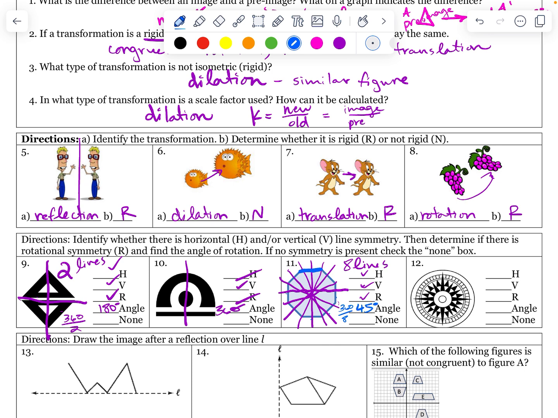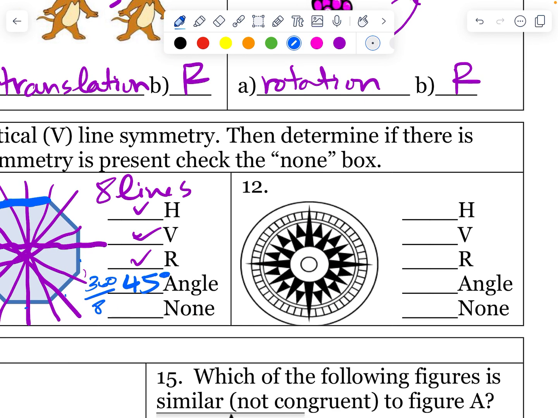Okay. And then this one definitely is vertical and horizontal. So that's at least 2 lines. I need to kind of erase these to look at it and see if there's more. So if I go this way, is it going to line up? No, because these little pointy guys aren't going to fold on top of each other correctly.